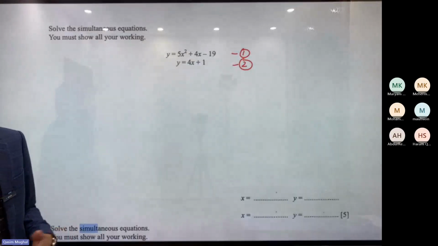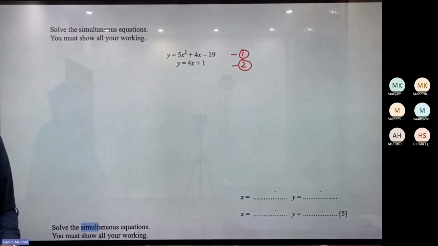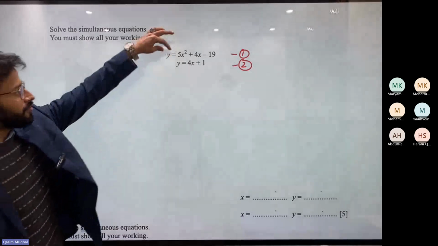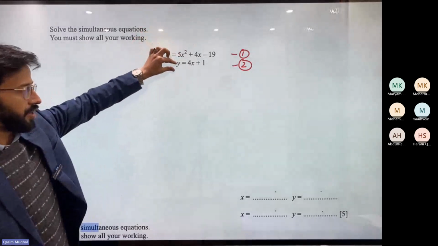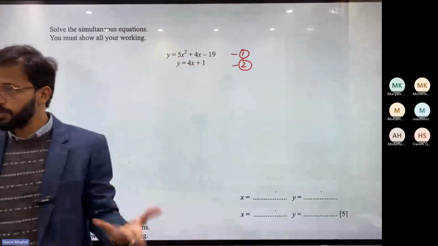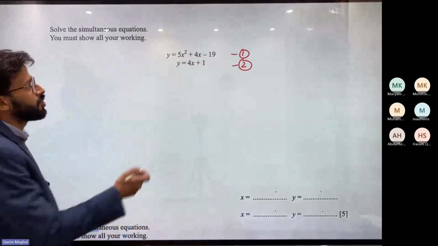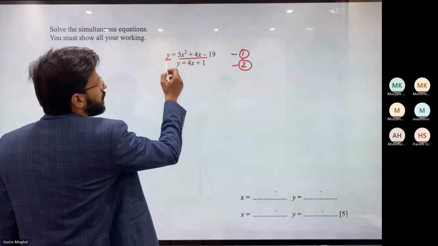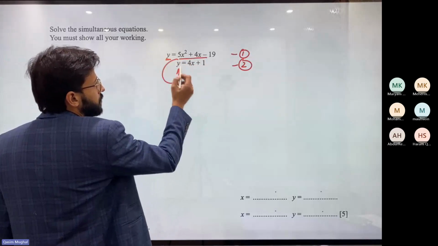Now again, another good thing, y is subject in both of the equations. Now you can put this value of y in here or this value of y in here. It's totally your choice. So let's put this value of y in here.